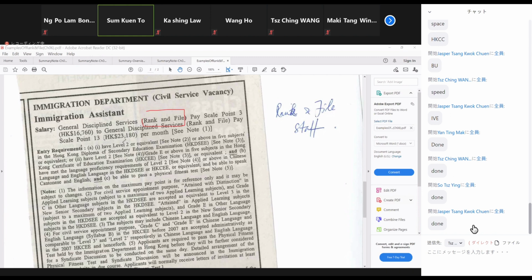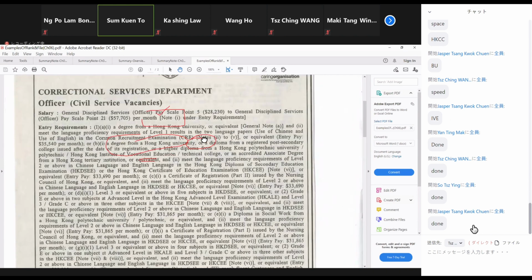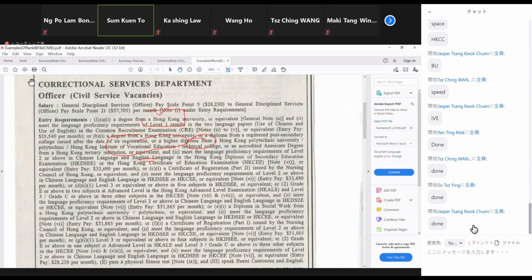Of course, even the qualification will be DSE, all right, not degree holder, A level, something like this, DSE. You apply for the basic level 1, okay, for example, 入境處入境助理, you are in the rank and file 1, all right. However, if you are a degree holder, all right, you can apply for officer grade.